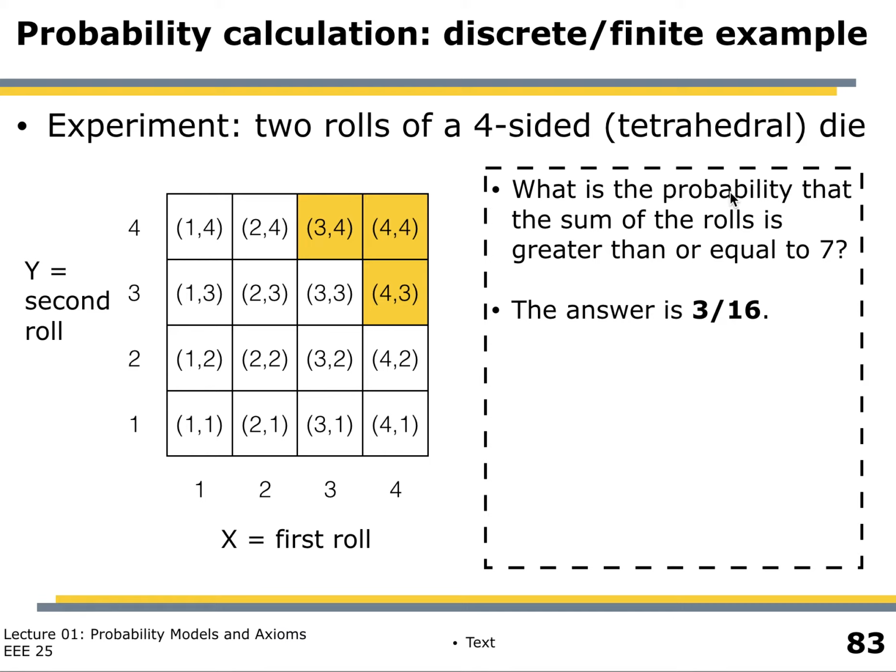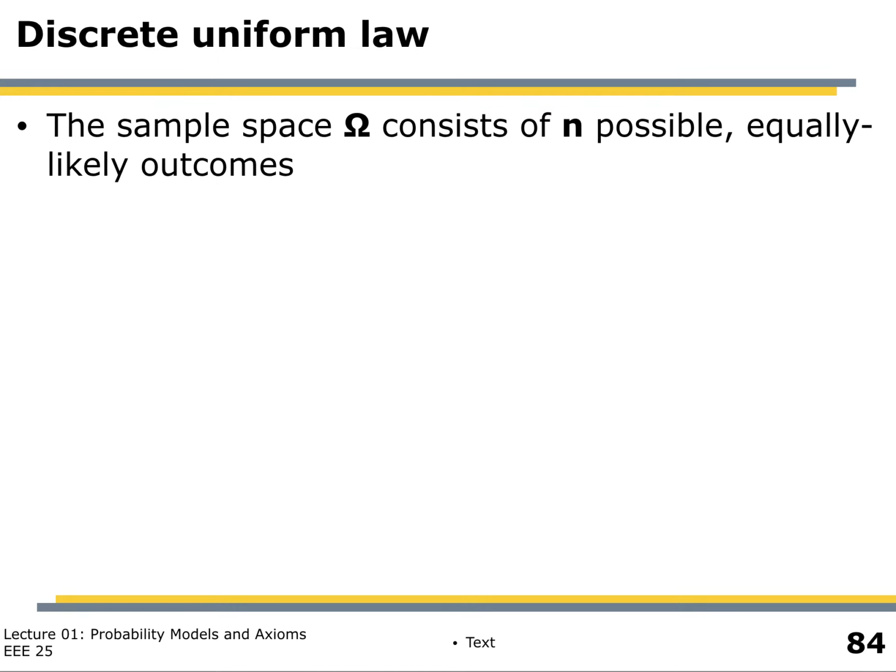So here, the model that we use is we assume that all of the possible outcomes are equally likely to occur, and the technical term for that is the discrete uniform law.